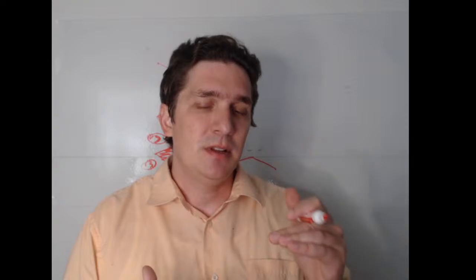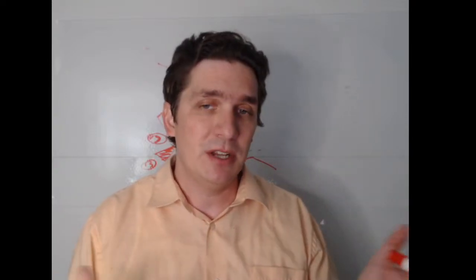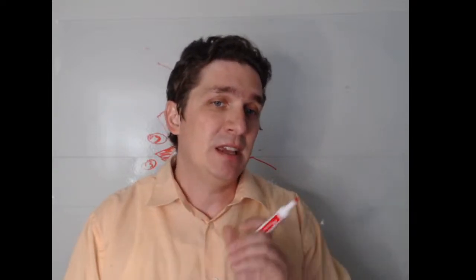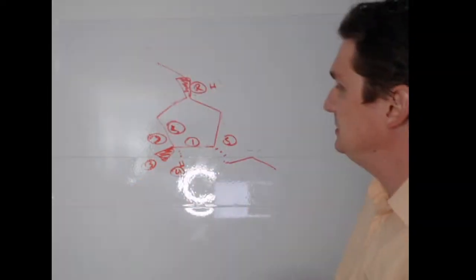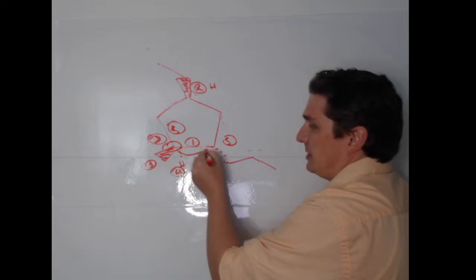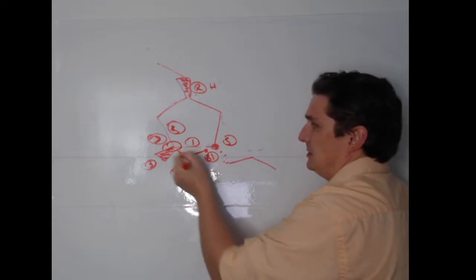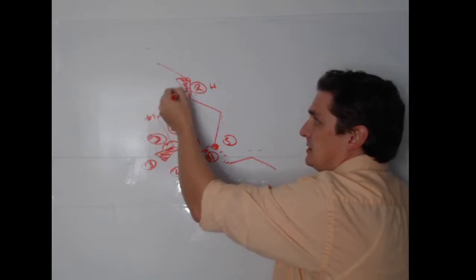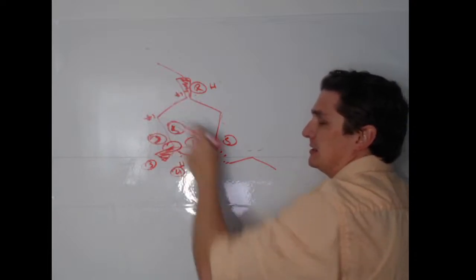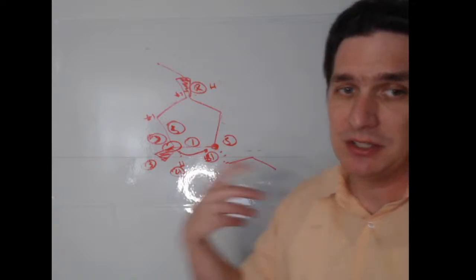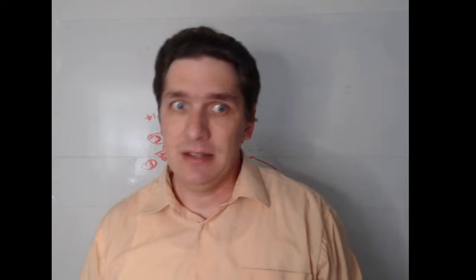If we have a ring, or even if we have a branch, the first one to branch ends up taking a higher priority relative to the other ones. So in the case of this one, when we went counterclockwise, this branches on the first carbon, number 1 carbon. This one branches on the number 2, and that's why this ends up being a lower priority direction, because the first branch creates a higher priority. And that's how I do alkanes.